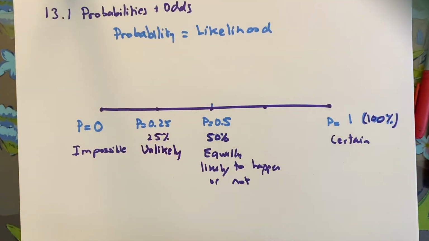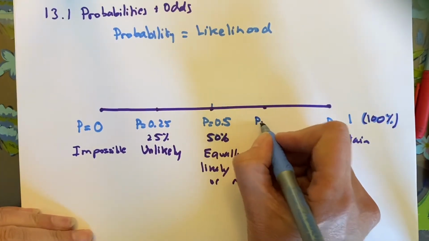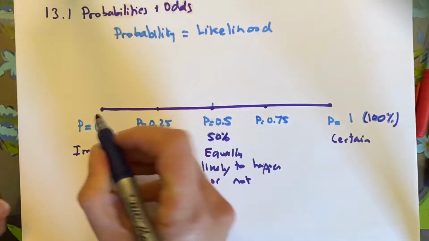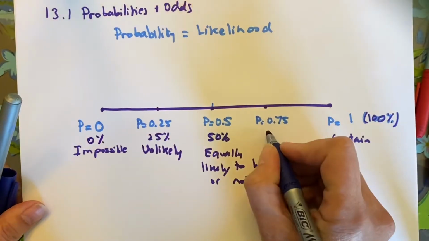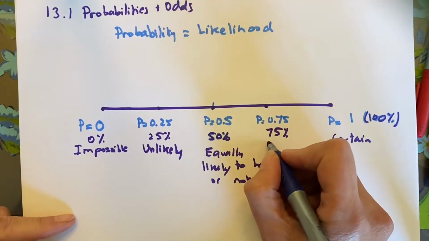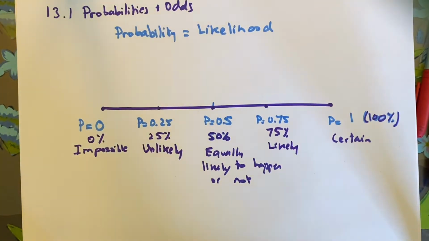On the other hand, if I said P equals 0.75, or if I said there's a 70% probability of rain, you're thinking, okay, it's kind of likely, right? I'll bring an umbrella. I'm going to expect that there's rain. So that is the definition of probability.